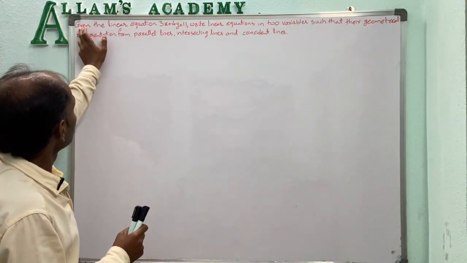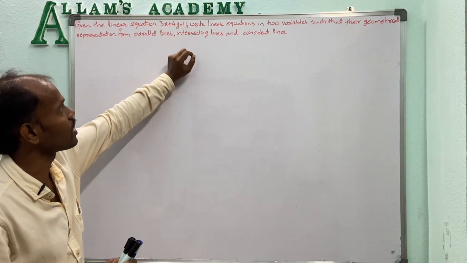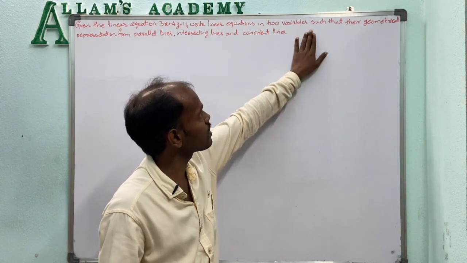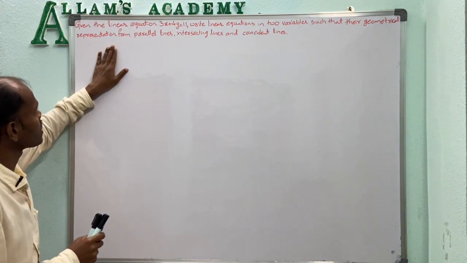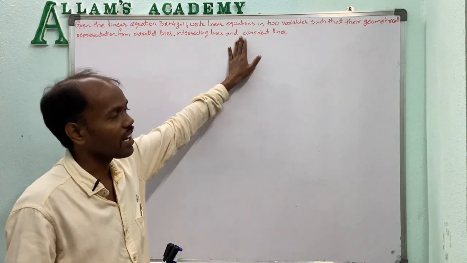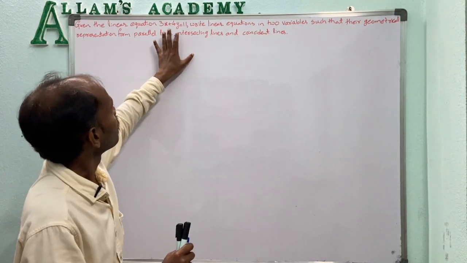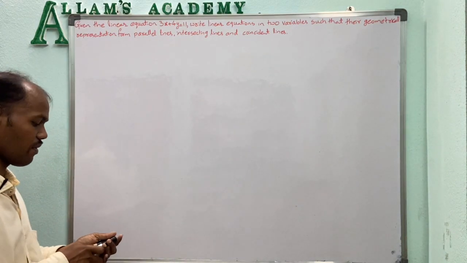Here, given the linear equation 3x plus 4y equal to 11, write linear equations in two variables such that their geometrical representation forms parallel lines, intersecting lines and coincident lines. That means we write three examples for the given linear equation.